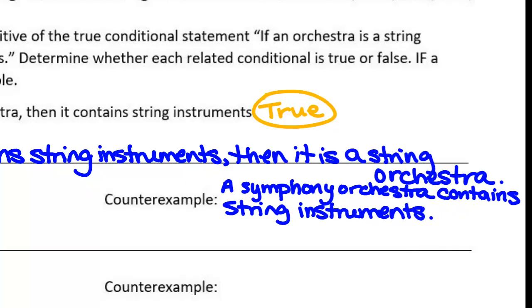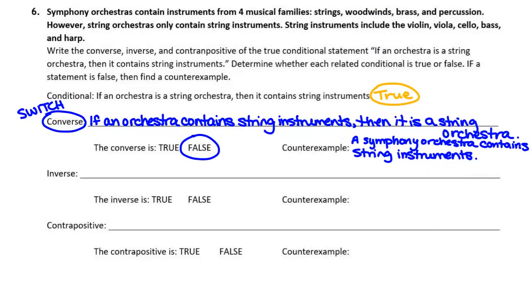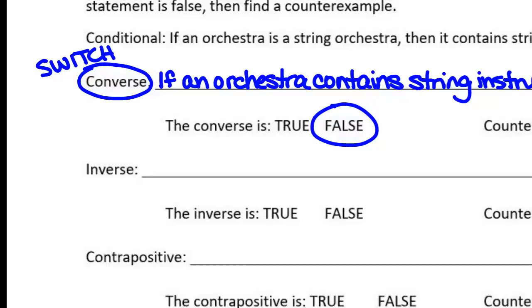So that's a different type of orchestra that is not a string orchestra. You with me, dear?